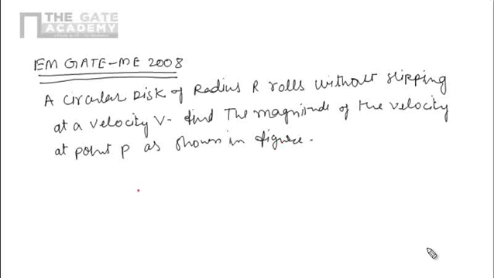So I am again repeating the problem. Here a circular disk of radius r is given. It rolls without slipping at a velocity v. And now we have to find out the magnitude of velocity at a point P shown in figure. So I will just draw the diagram. Here there is a circular disk.